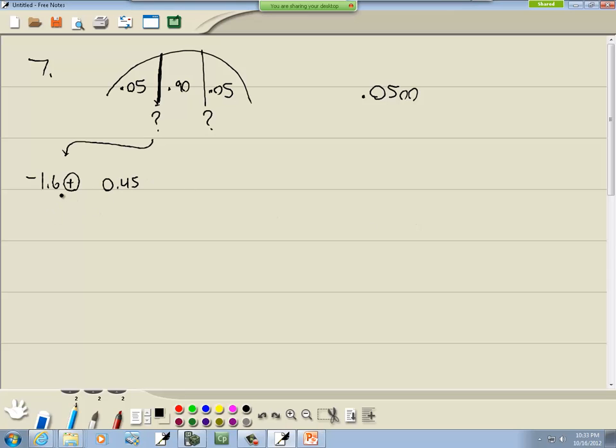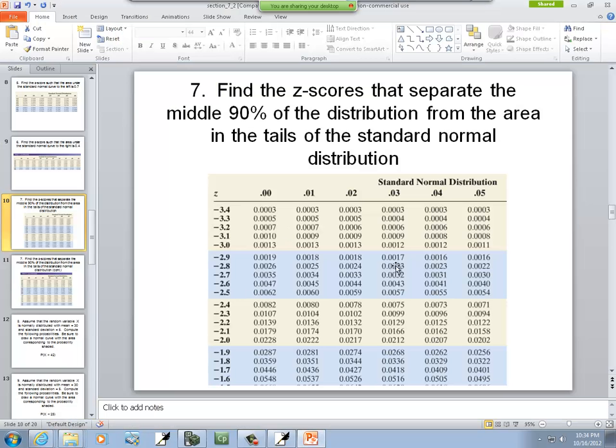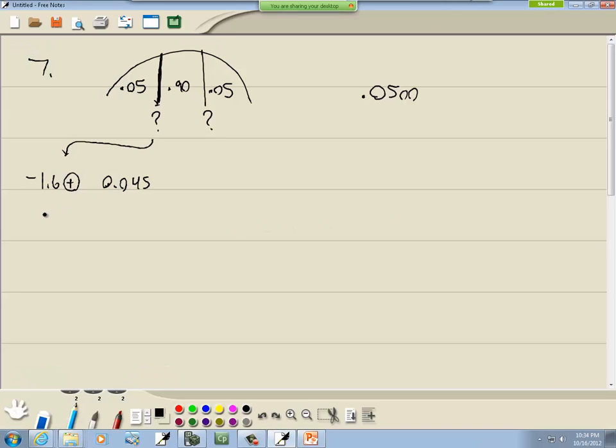So again, we're not adding this, we're merging these together. Wrote that wrong. Let's try that again. 0.045. So again, it's halfway in between 0.04 and 0.05. So then this would give us negative 1.645. And that's our first value.